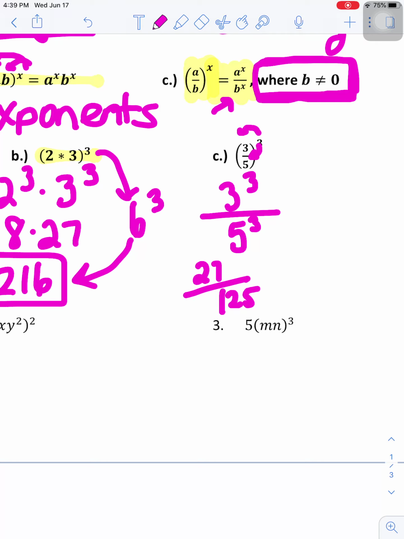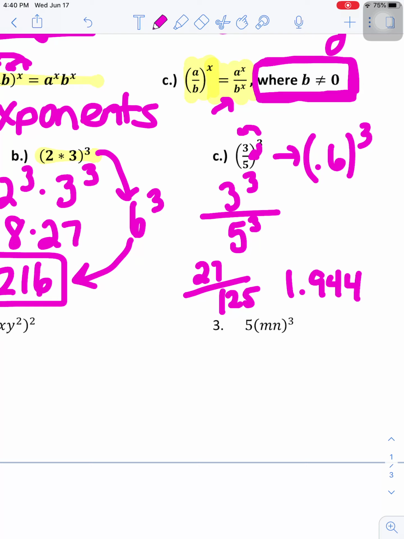And if you were to take this, get your decimal number, if I take 27 and divide by 125, that gives me 1.944 approximately. Well, then let's say I take 3/5, right? 3/5 is 0.6, and if I take 0.6 to the third power, guess what I get? I should get the same exact thing.